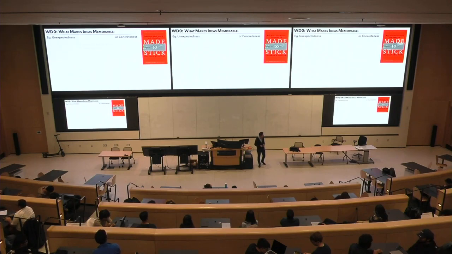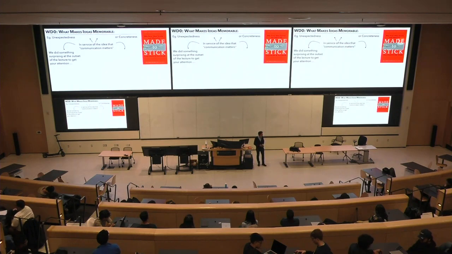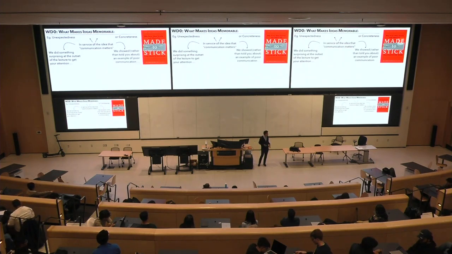We put those two principles in the service of the idea that communication matters, okay? And hopefully we did something a little bit surprising to you at the outset of lecture to get your attention, to help convince you that communication matters, okay?